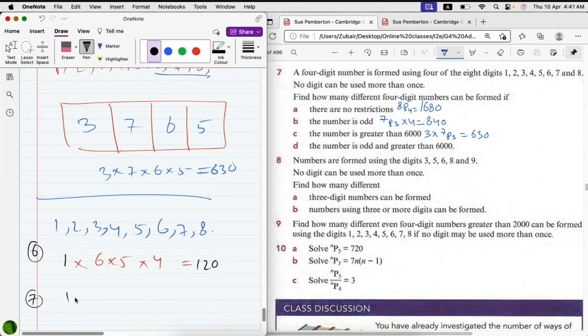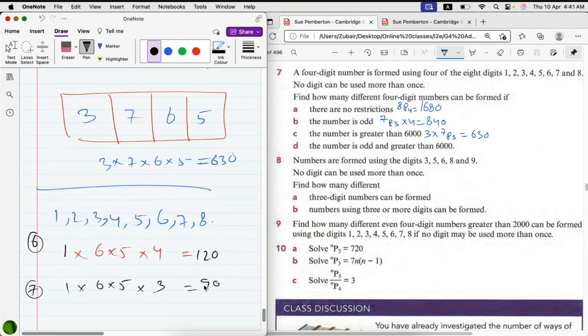Then we fix 7 at front. If 7, this is one choice. And once 7 is done, I have 3 options for the last number to make it odd. So 6 into 5, that's 90.